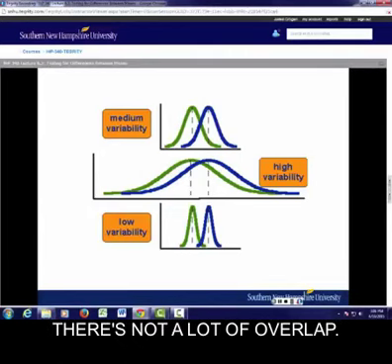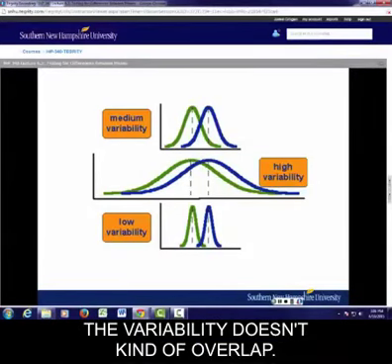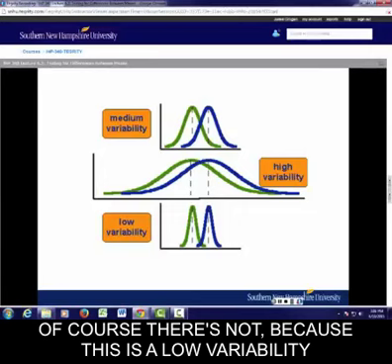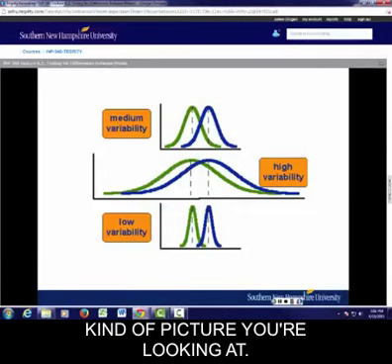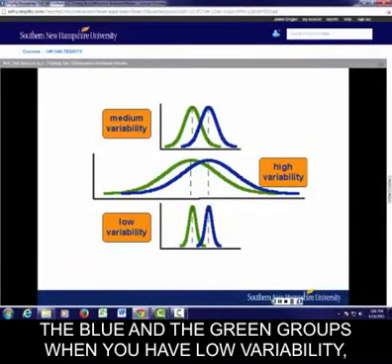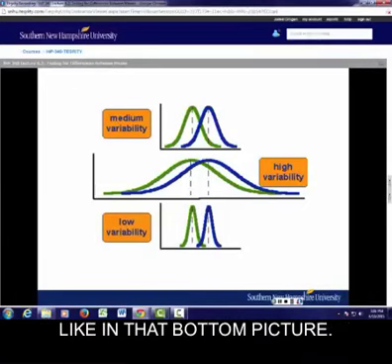There's not a lot of overlap. And of course there's not, because this is a low variability picture you're looking at. It'll be easier to say there's a difference between the blue and the green groups when you have low variability, like in that bottom picture.